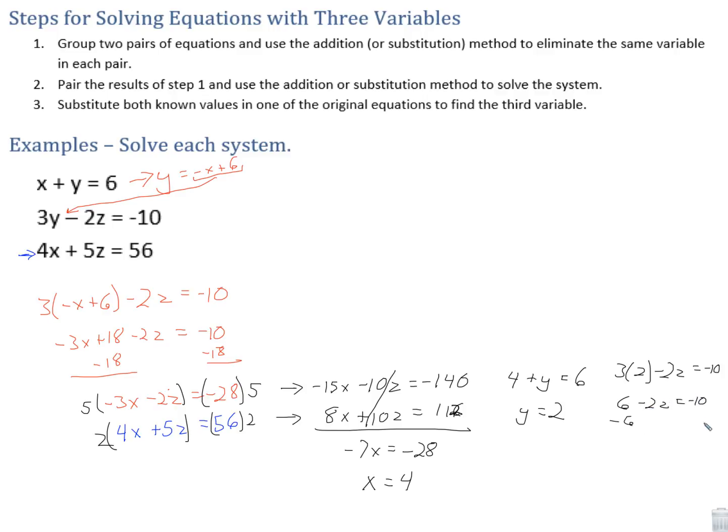Subtract 6 from both sides gives us a negative 16 over here on the right. So negative 2z equals negative 16. And dividing both sides by negative 2 gives us z equals 8. So our answer would be x comes first, then y, and then z.